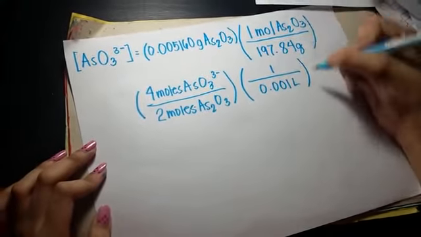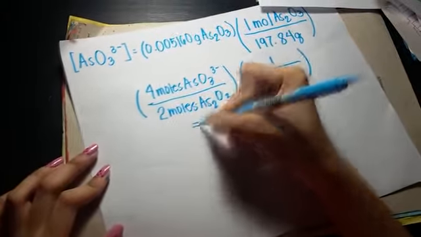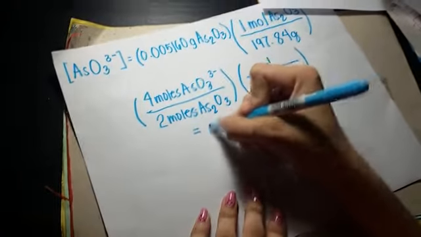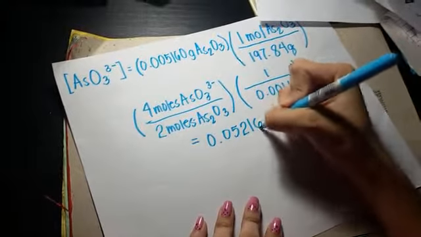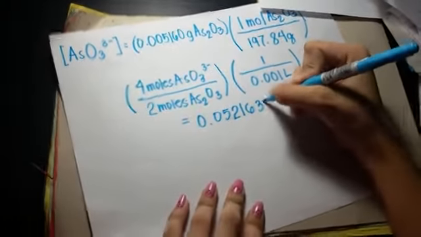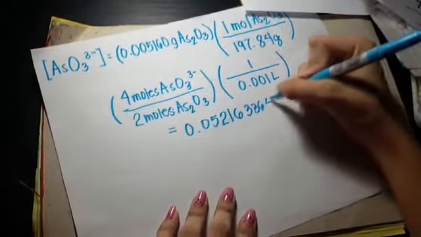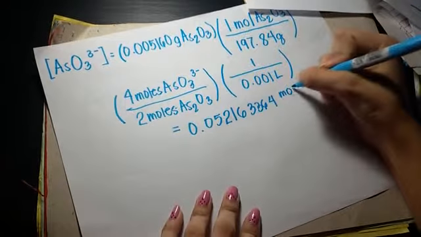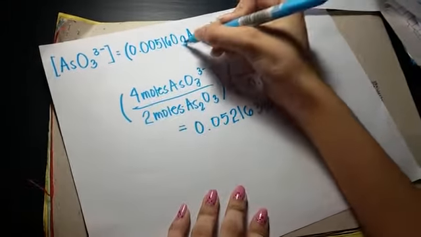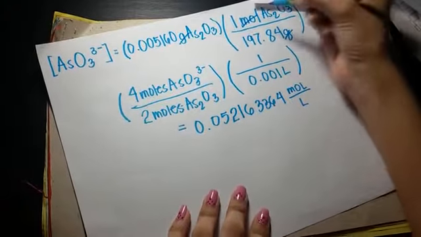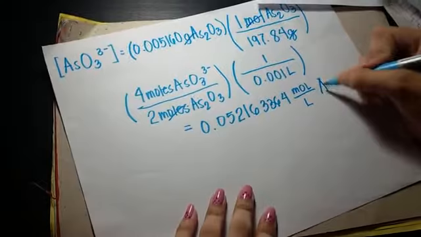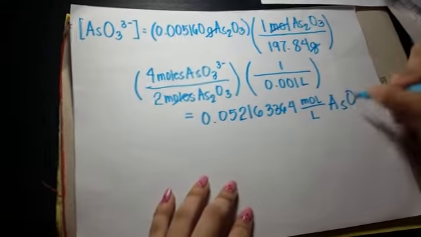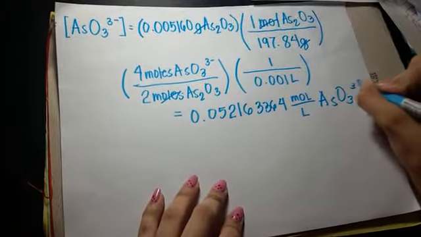You can put 1 here. If we compute this, we can get 0.052163364 mole per liter AsO3 3 negative.